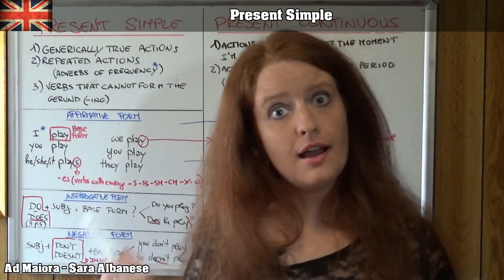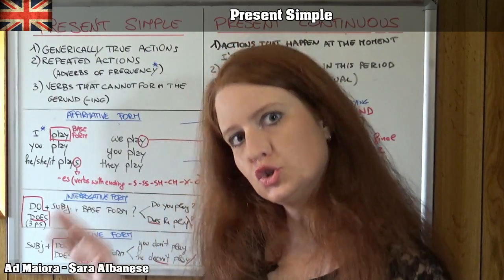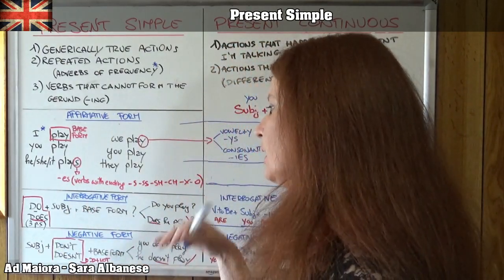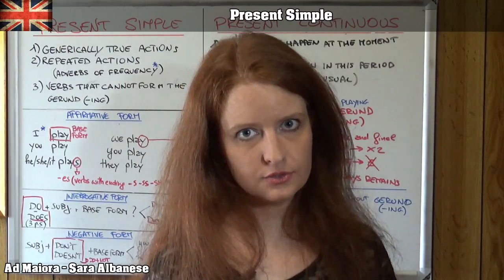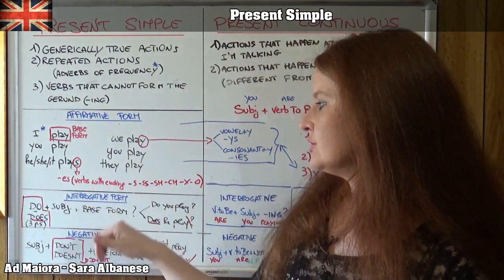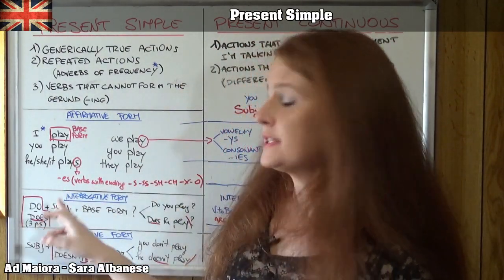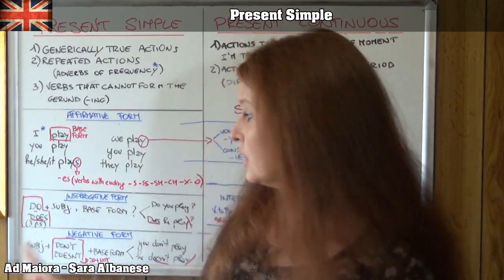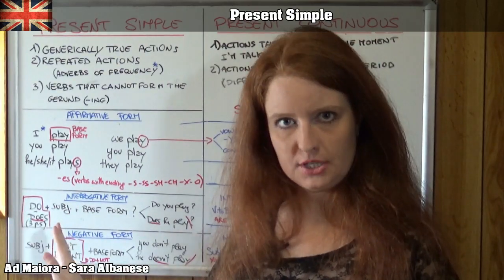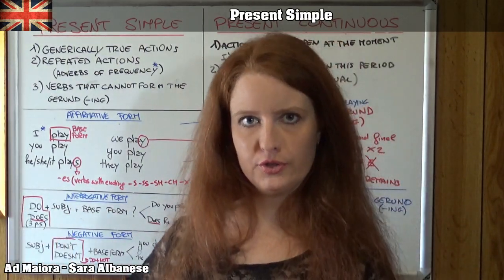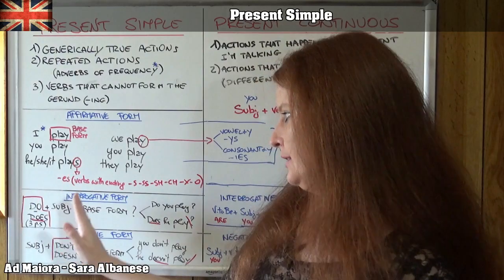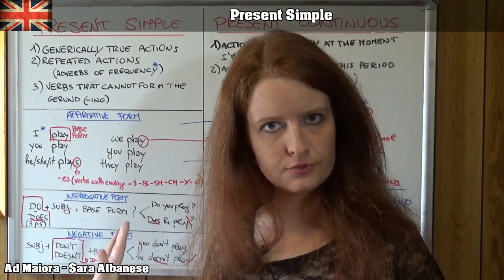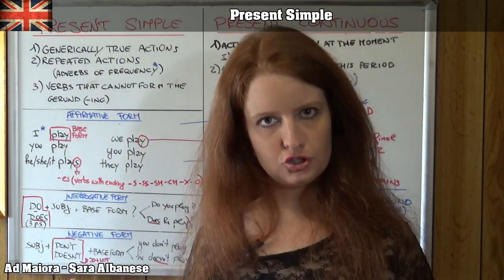So why and how shall I use this do or does to form the interrogative and the negative forms? In the interrogative form, I will just put do, or does for the third person singular, before the subject. Then I put the subject and my base form, which is untouched.